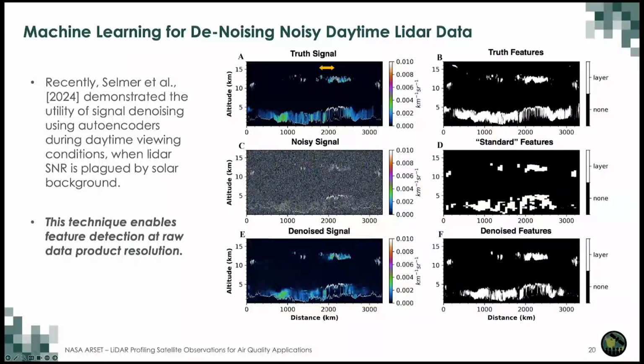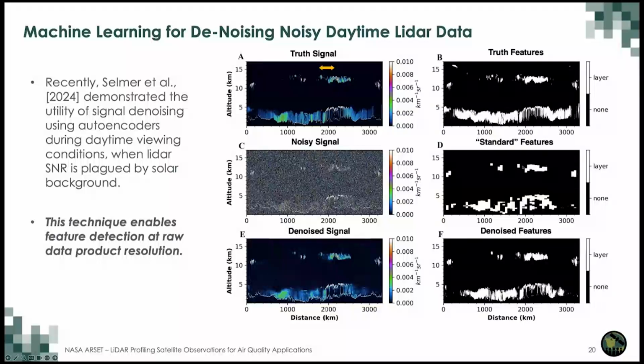Here's a truth signal of attenuated total backscatter. Here's a noisy signal that would be representative of what was measured during the day. And then here's the denoised signal. You can see that looks much more comparable to the truth. And on the right are the feature locations. Here's the truth resolution. You can see that the cloud feature detection was very fine. You see lots of structure in the aerosol.